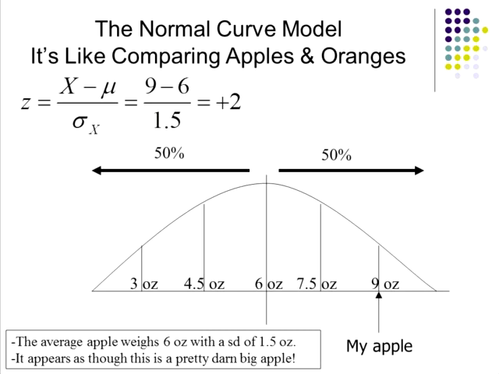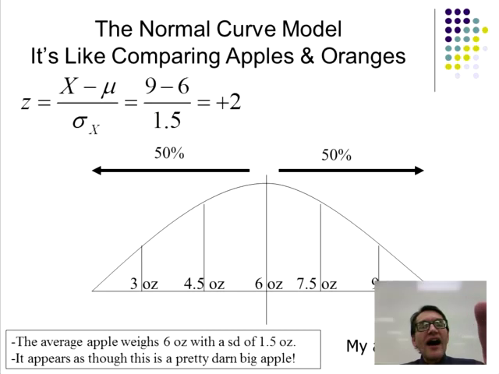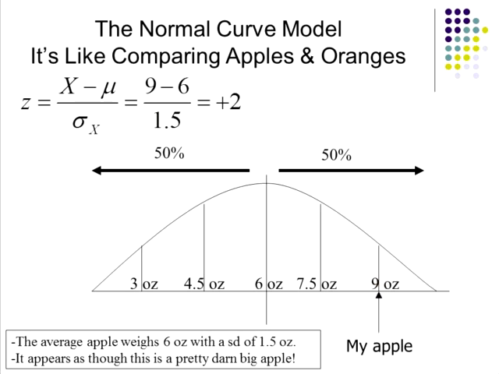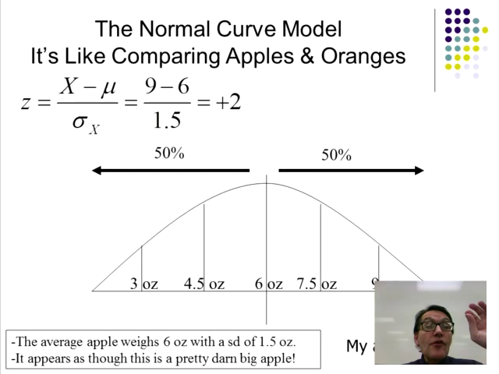The sigma is 1.5. I've got those two pieces of information, and the apple that I have picked in the cafeteria is 9 ounces. So 9 minus 6 over 1.5. That's 3 over 1.5, or positive 2. In other words, if you take a look at my distribution, my apple falls way out there. You see this distribution centered at 6 ounces with one standard deviation above, two standard deviations. And so what we find is I have a large apple, and it is not a common occurrence.